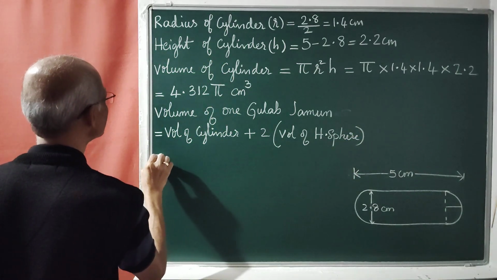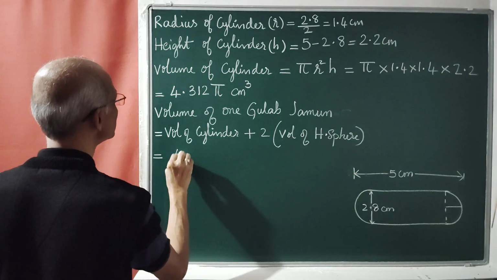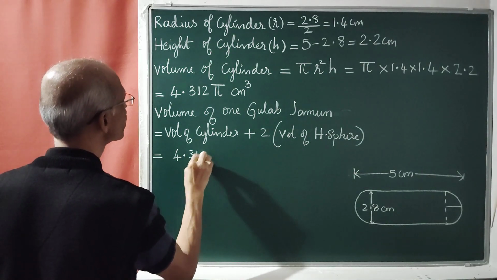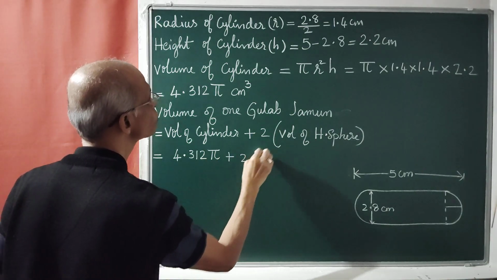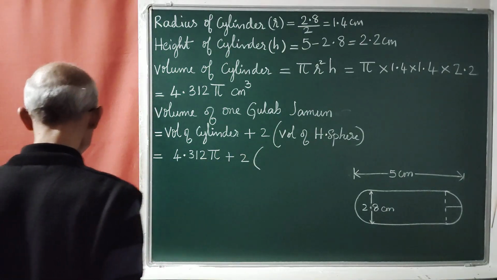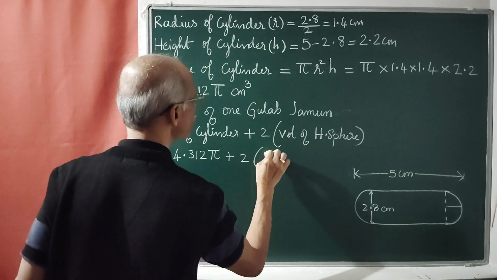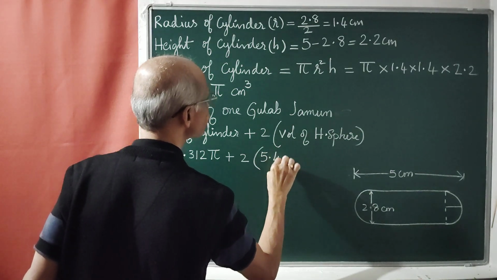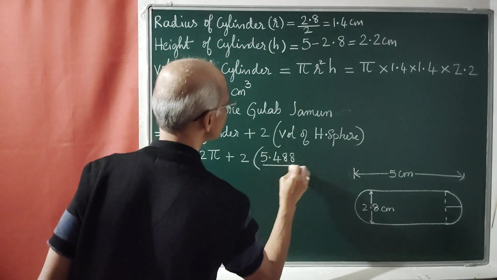That's equal to 4.312 pi plus 2 into 5.488 by 3 pi.